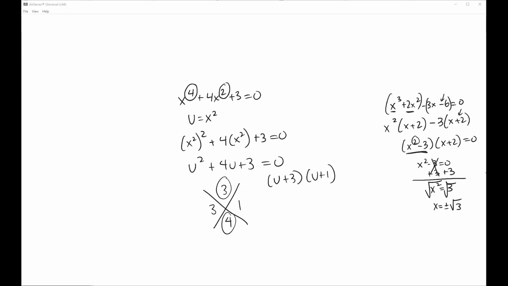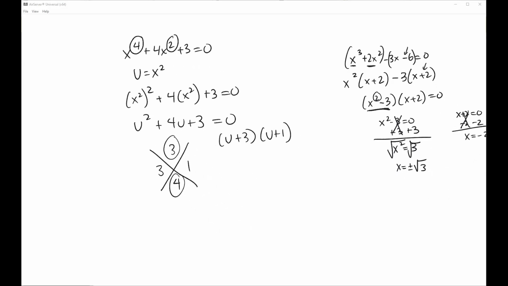The thing is, though, we don't want to solve for u, we want to solve for x. So we have to replace the u back with the x squareds. So it becomes x squared plus 3 is equal to 0, and x squared plus 1 is equal to 0.